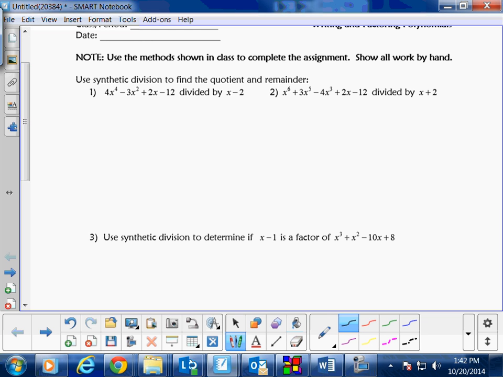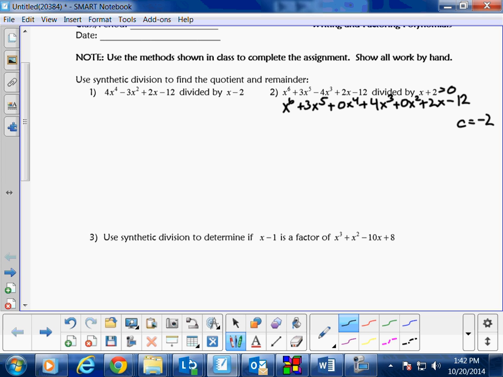For the next one, we're going to do the same thing. Step one, rewrite your powers: x to the 6 plus 3x to the 5 plus 0x to the 4 plus 4x cubed plus 0x squared plus 2x minus 12. C comes out being negative 2, because you set it equal to 0 and find out what c is.